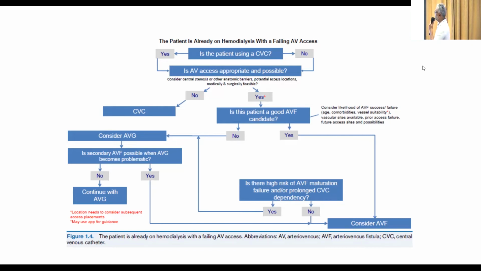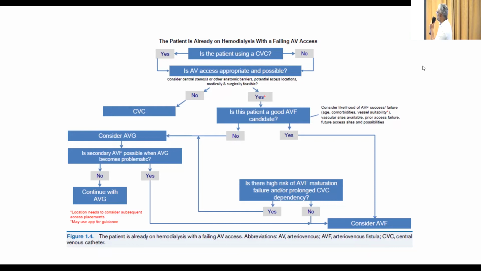So for a patient using a CVC, see if your AV access is appropriate and possible. Again, if you already have stenosis, anatomic barriers, inappropriate access locations, and whether it is medically or surgically feasible. If it is, then go ahead and assess whether this patient is a good candidate for an AV fistula. How do you assess that?